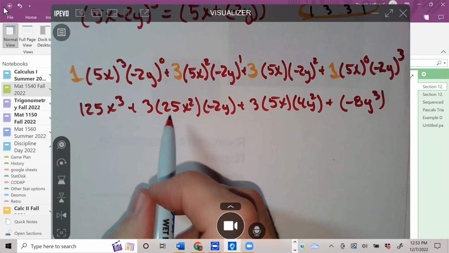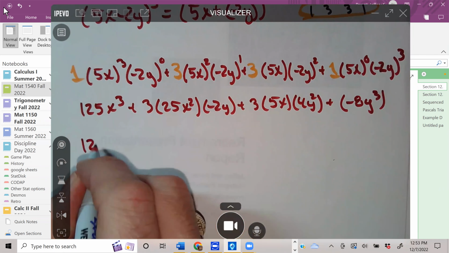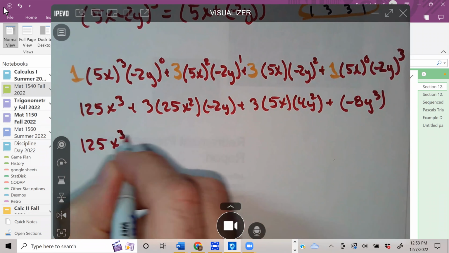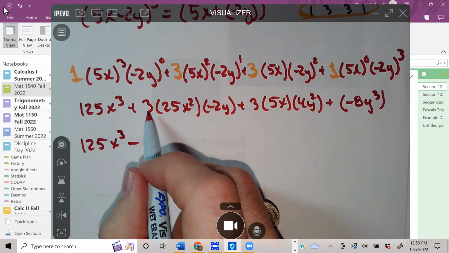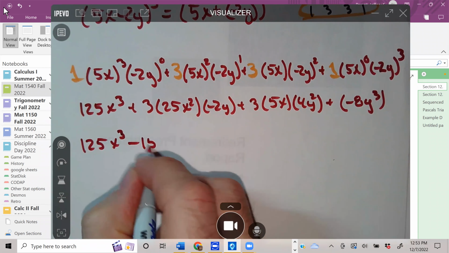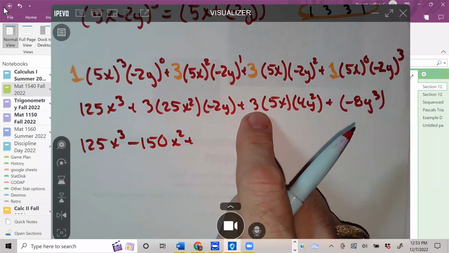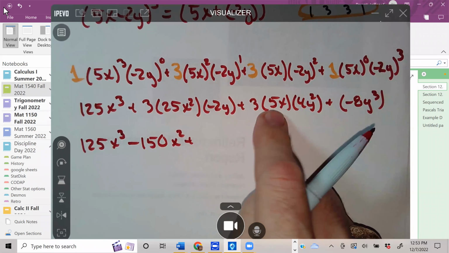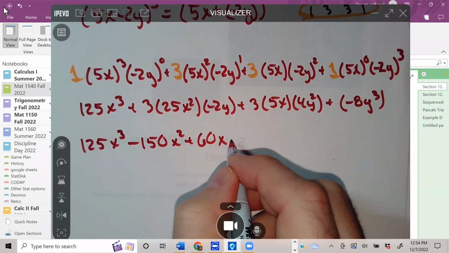The last thing I'm going to do is multiply and clean this up. So that's going to be 125x cubed minus 2 times 3 is negative 6 times 25 would be negative 150x squared. 3 times 4 times 5 is going to be 60x, you know what?